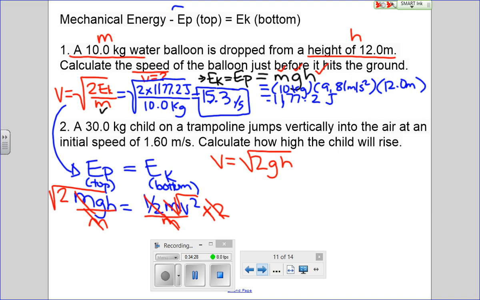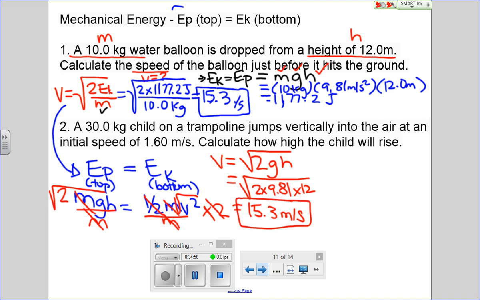So notice, I'm not going to use the mass anywhere in the calculation. I could if I wanted to do the 2-step version, but if I'd like to do the 1-step version, I don't even need the mass. When I do this calculation, the square root of 2 times 9.81 times 12, you'll see that I get 15.3 meters per second, the exact same answer.